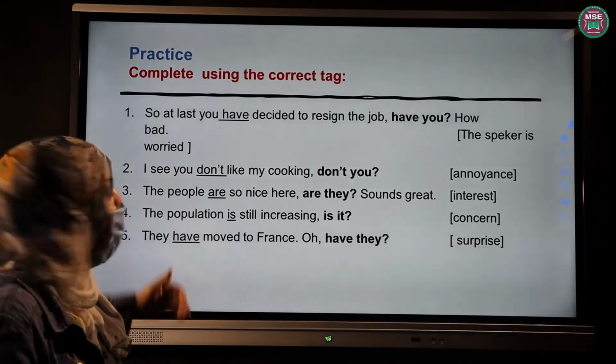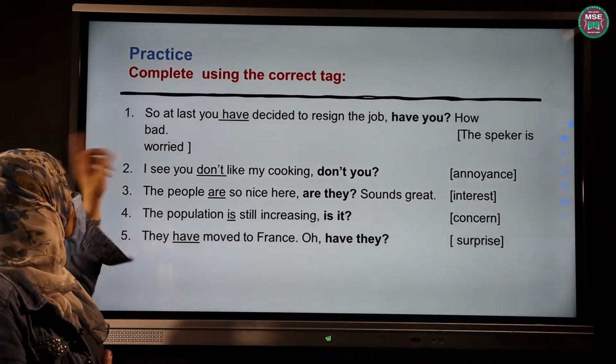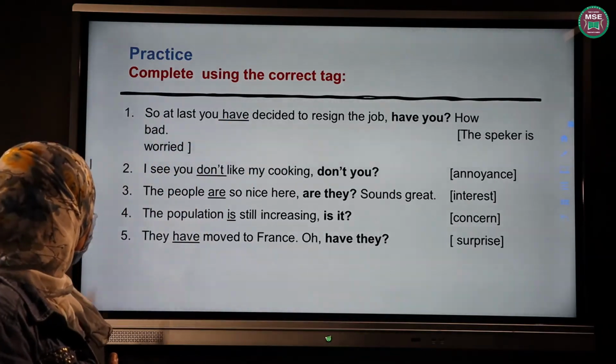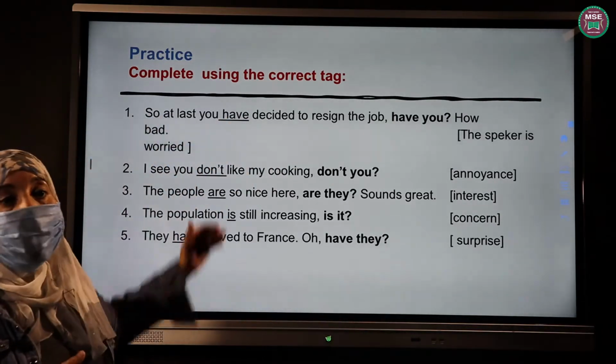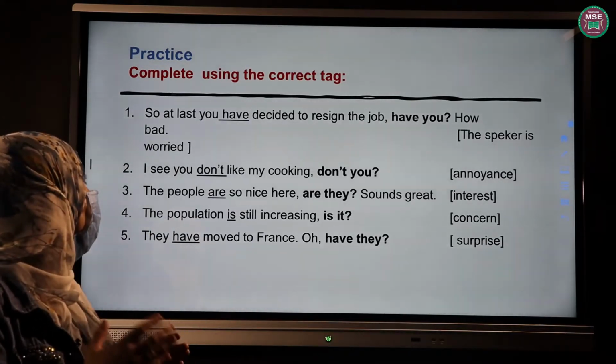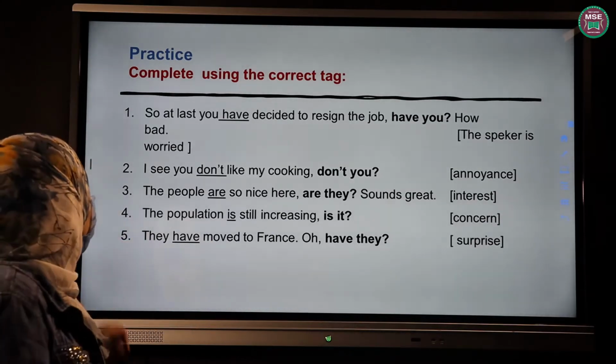If you want to make some practice, because I believe in practice makes perfect, complete using the correct tag. Here, I want you to look at these 5 sentences and try to find the tag. Try to use your guess. Look to number 1.